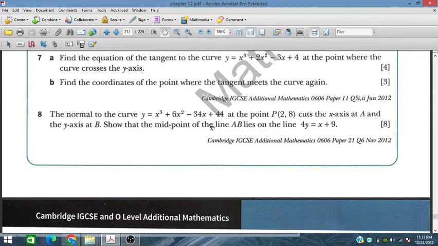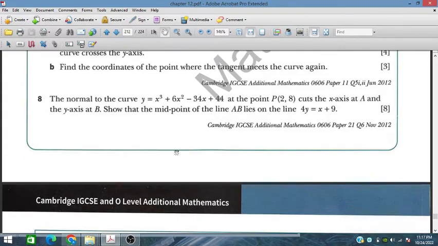The midpoint of the line AB, the line joining A and B. These coordinates create a line, and we show that the midpoint of AB lies on the given line. So this is the required value.